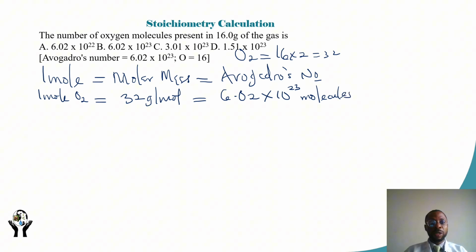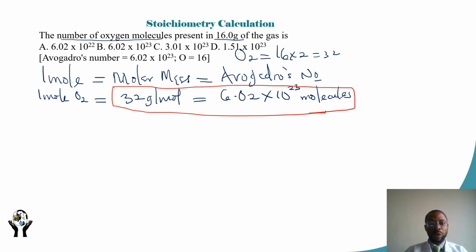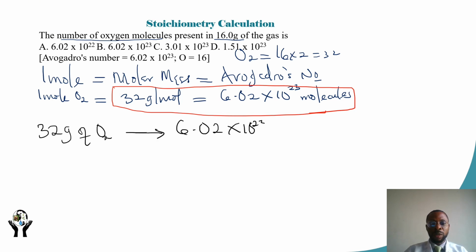Since the question is asking us about the number of oxygen molecules and we are given the mass, we can relate this in that question. So saying that 32 grams of oxygen will give us 6.02 times 10 to the power 23 molecules of that gas.